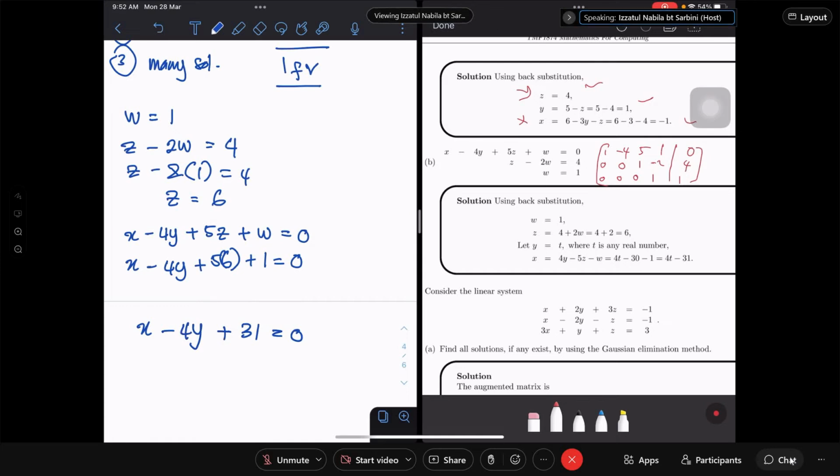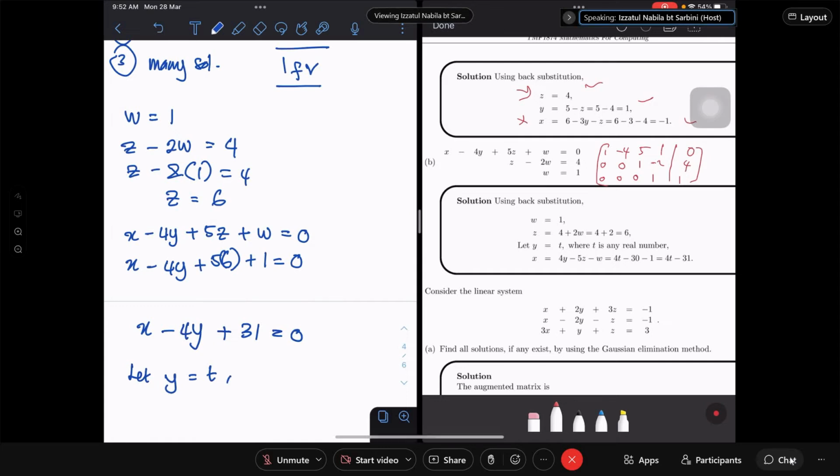A free variable is when you have to let the variable become other variables. What I mean here is, you cannot solve Y, right? Because you only have this equation, so you cannot solve Y. So what you do is, you let Y become t. Any variable, you can use r or s.